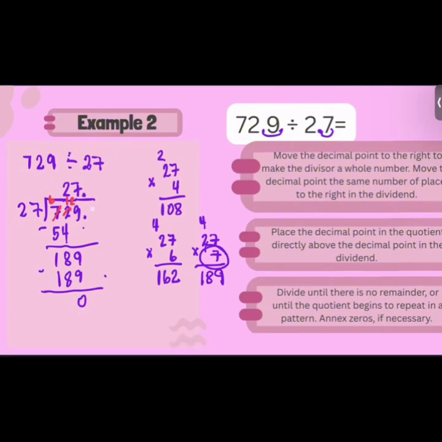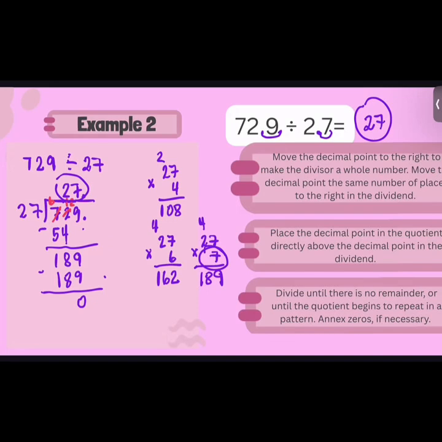And also, there's no digit na kailangan pa nating i-divide. Therefore, our answer is 27. So, in 72.9 or 72 and 9 tenths divided by 2 and 7 tenths, the answer is 27.